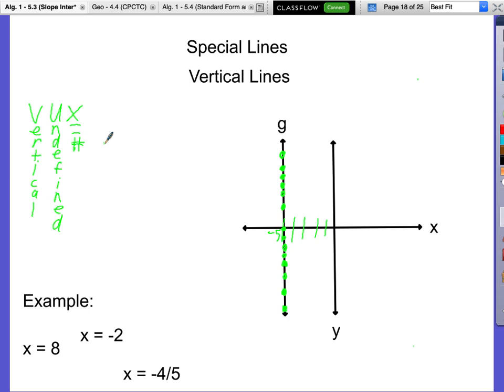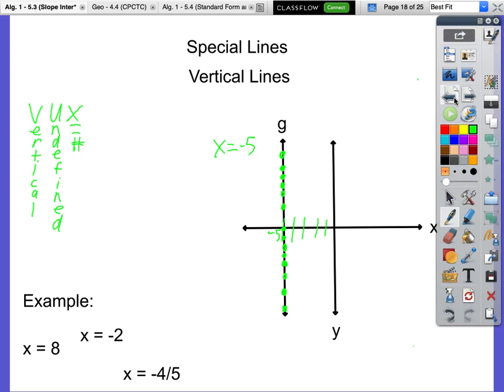That's backwards. Well, here's why. For a vertical line, the y value changes every time, so we have no consistent y value. But it's simpler for us to say this line is x = -5, because no matter where you go on this line, x will always be -5. It doesn't change.